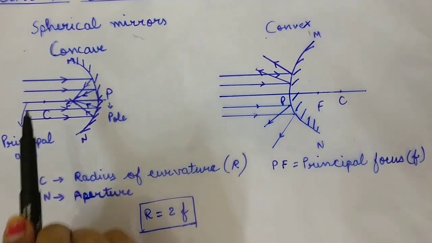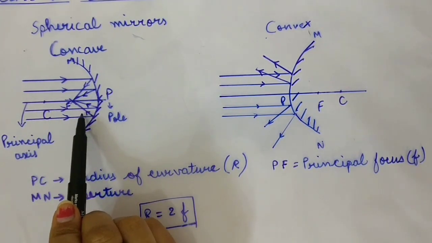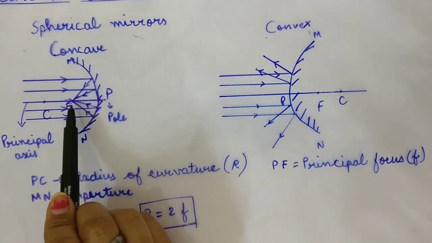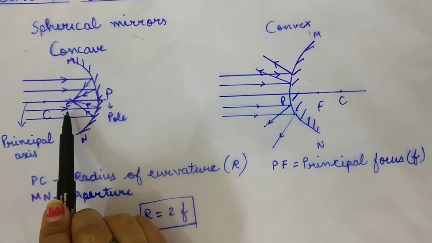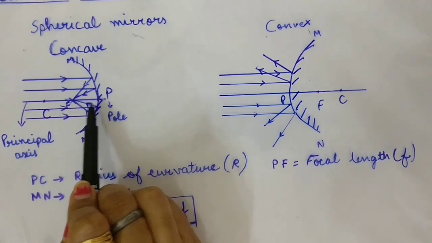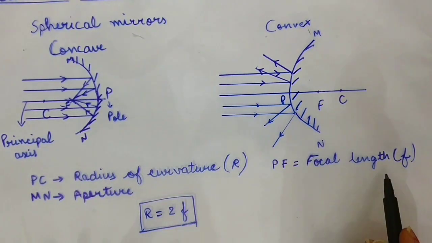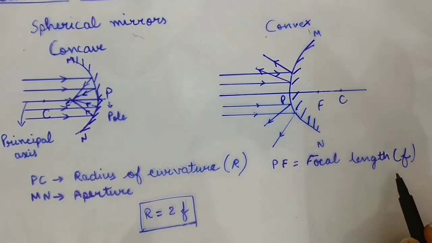Now if the line comes parallel to the principal axis, for concave mirror it should pass through a particular point which is called focus. So we have depicted it by the capital letter F, and this distance PF is called focal length, can be depicted by small letter f.